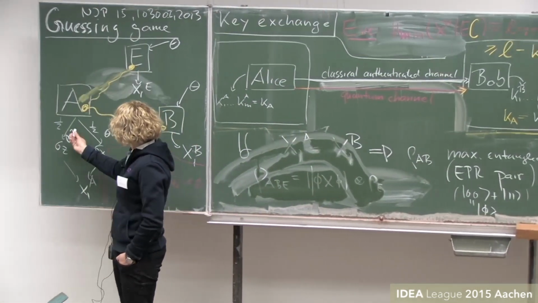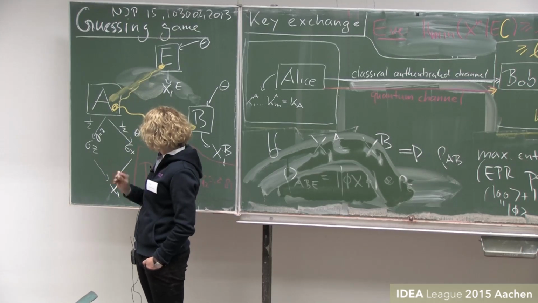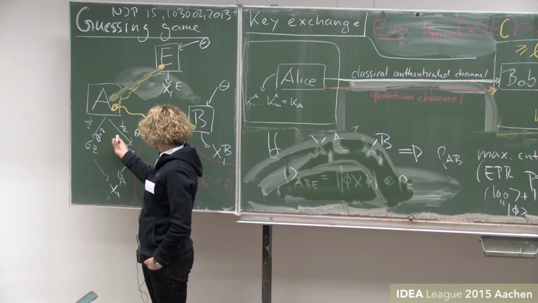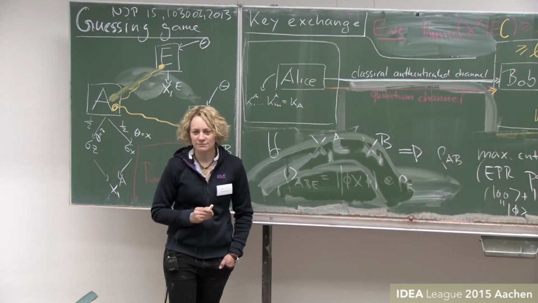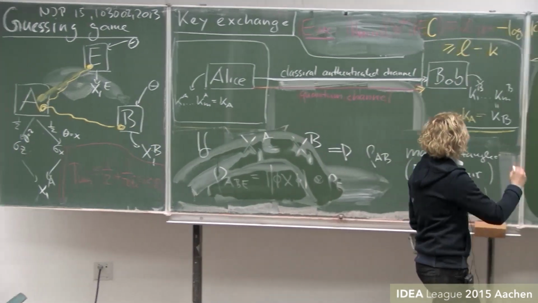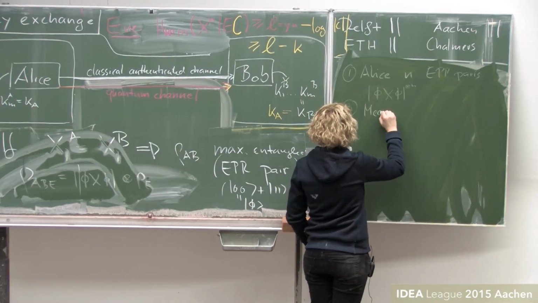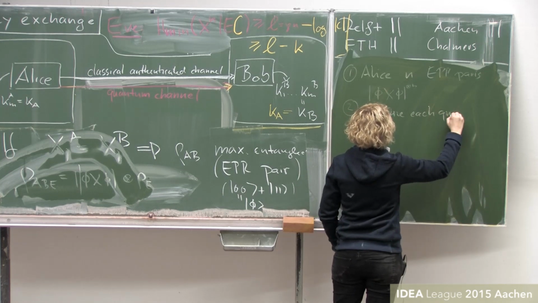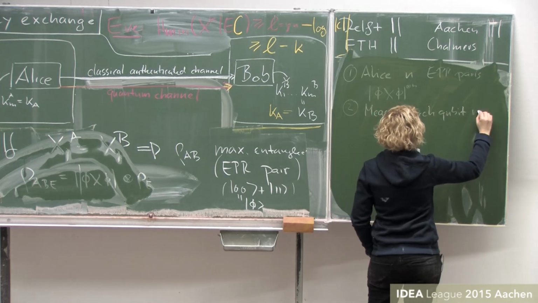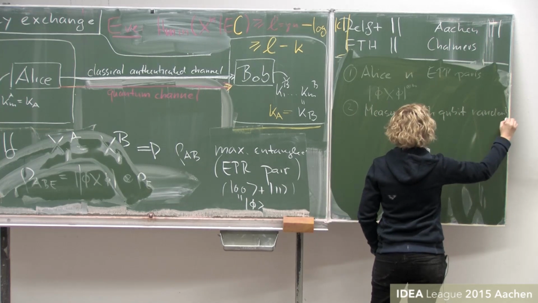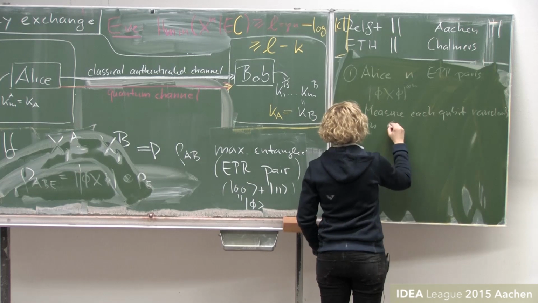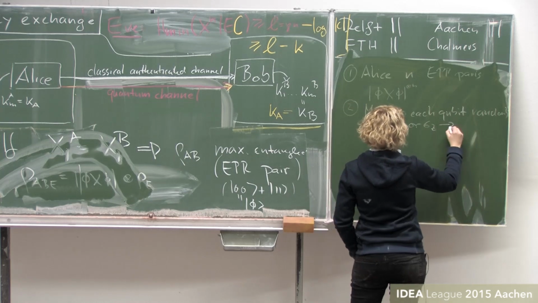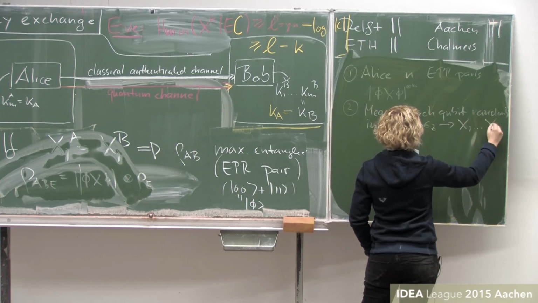For each qubit that she has in her possession, she's going to toss a coin and either measure sigma x or sigma z. And this gives her a string, x1 up to xn.